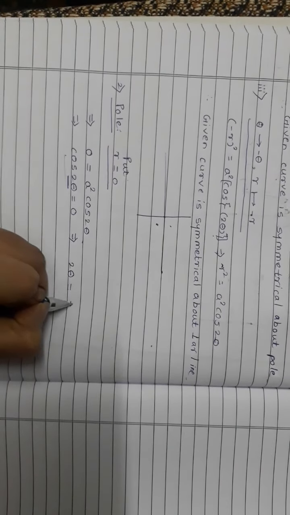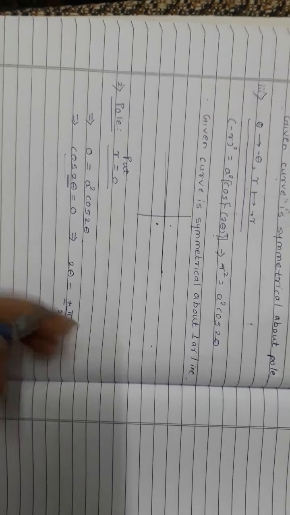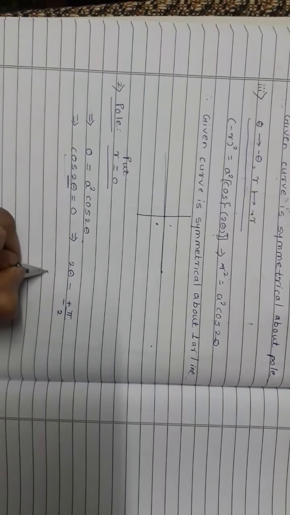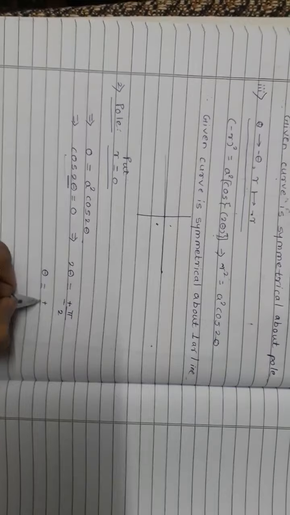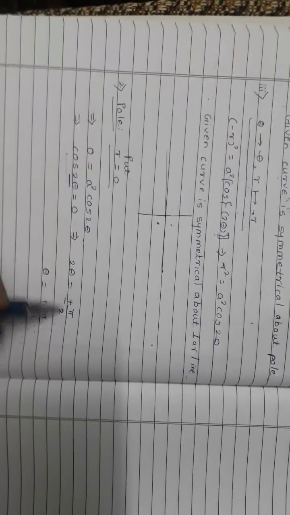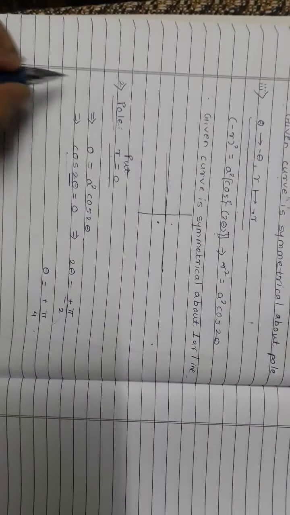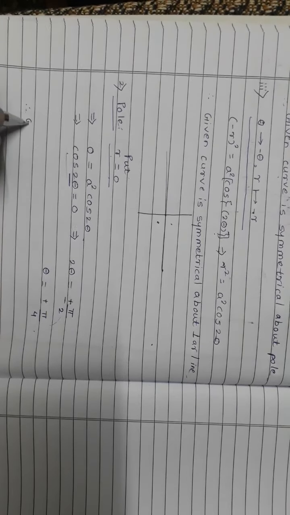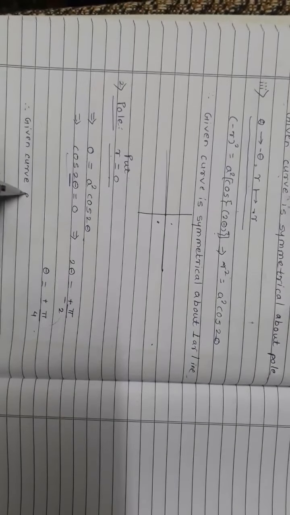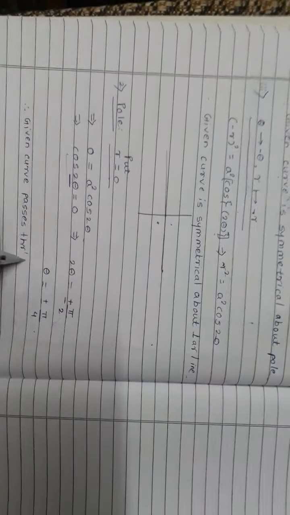If it becomes 0 at pi by 2, it will also become 0 at minus pi by 2, and so on. I can consider the multiples also. So the value of theta here is plus or minus pi by 4. Since plus or minus pi by 4 give 0, the given curve passes through the pole.